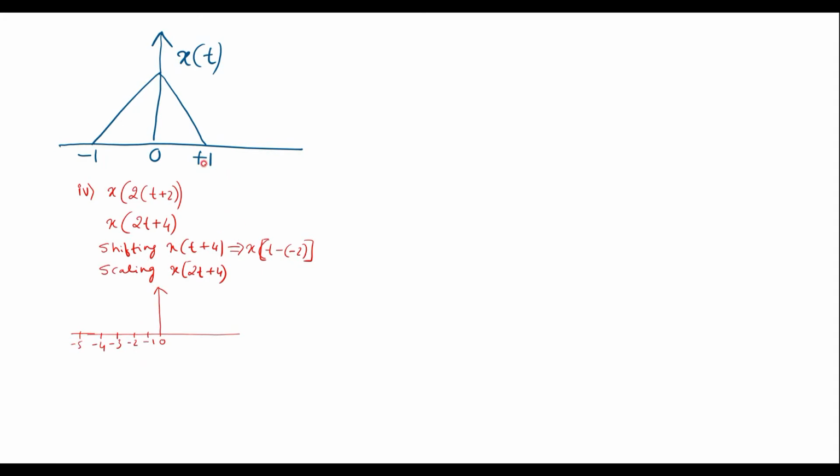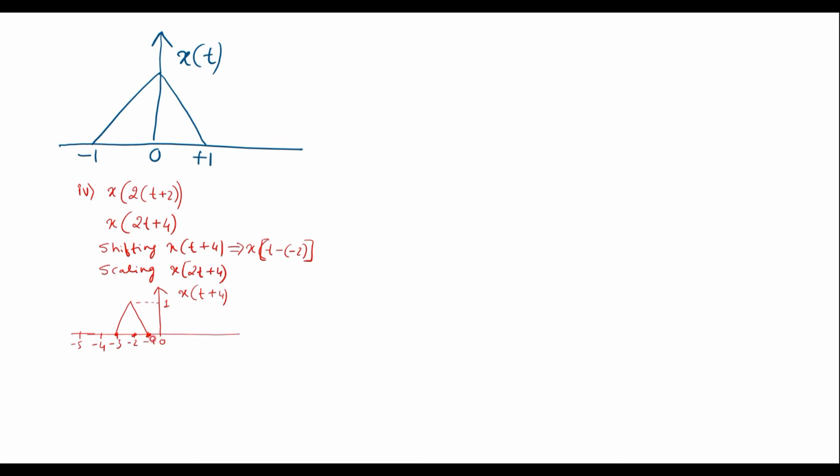Now we'll add plus 1 with minus 2. So this point will be shifted to minus 1, that is this point. 0 minus 2, that is 0, will be shifted here, and minus 1 point, that is minus 1 minus 2, is minus 3. So the same x of t appears between minus 3 and minus 1. So this is x of t plus 4.